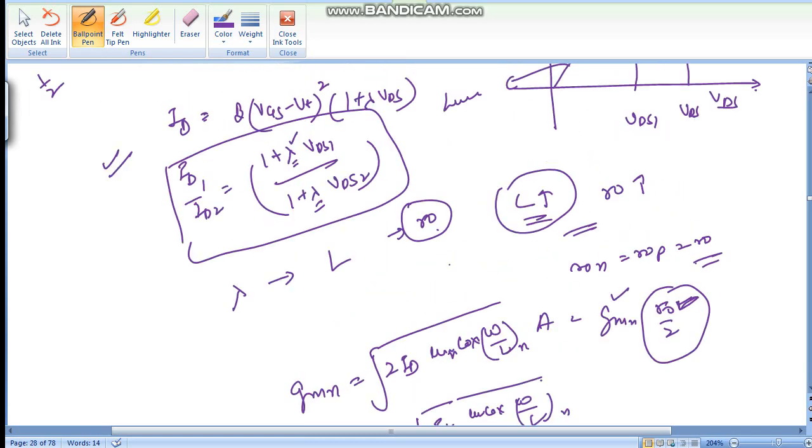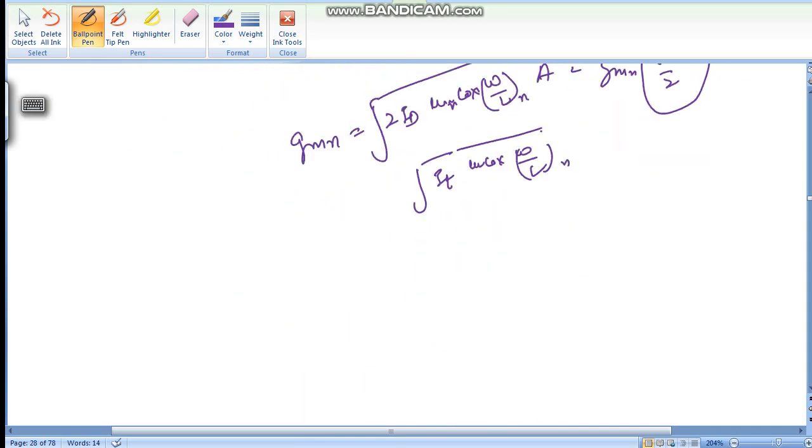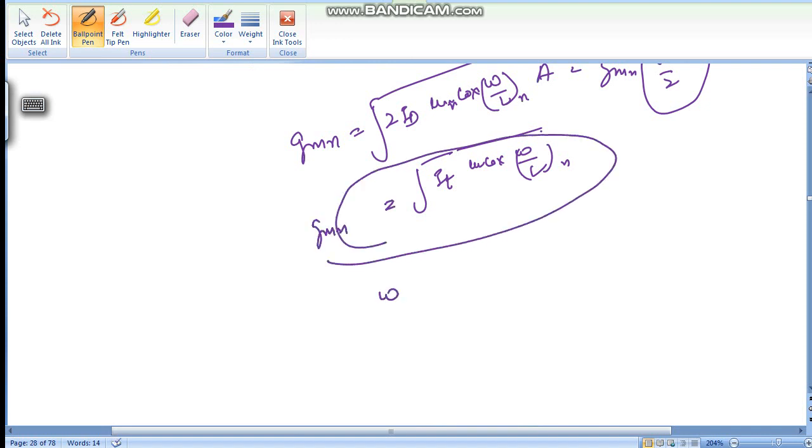From output resistance we find out length. So now we have length, and from here we find out the ratio of W by Ln. Say some ratio comes to 4, and say length from output resistance is coming 2 micro, so W will come as 4 into 2 equals 8 micro. So for NMOS, W by Ln is 8 micro by 2 micro.